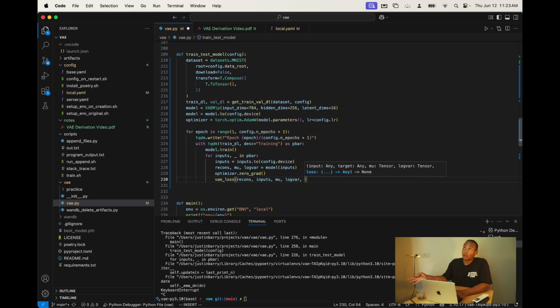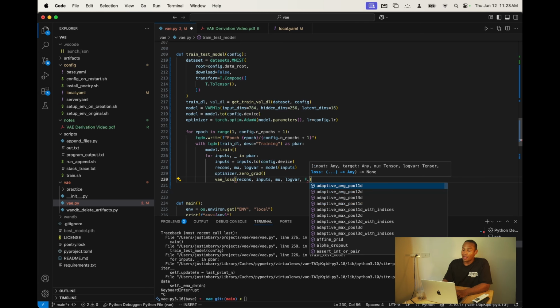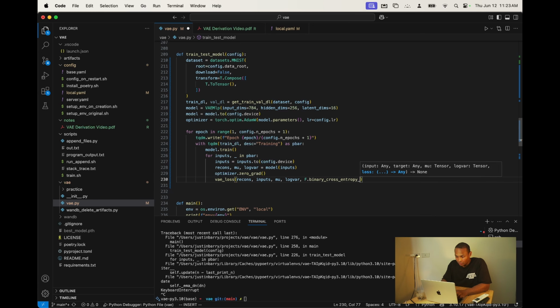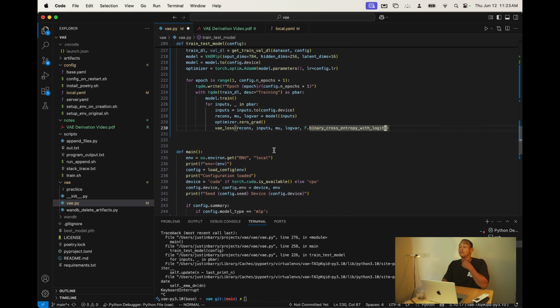And for CIFAR10, we're modeling the predictive distribution with Gaussians, so the loss function becomes the mean squared error. So I'm passing in the actual loss function as an argument here, so I can reuse this function. Binary cross entropy with logits because I'm not using tanh.